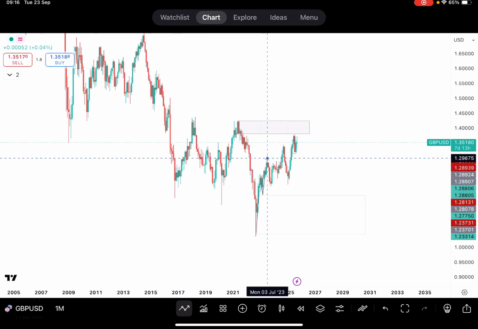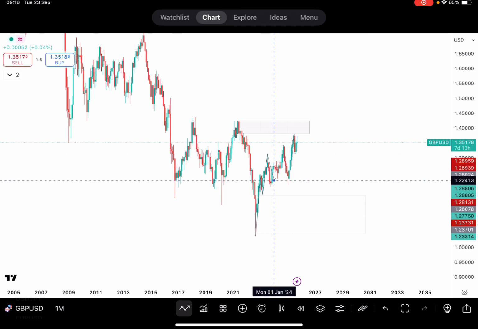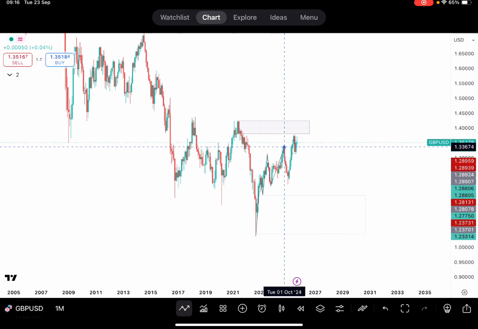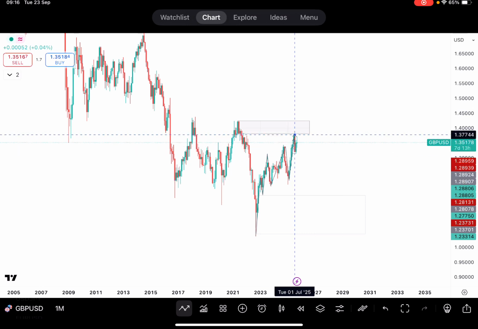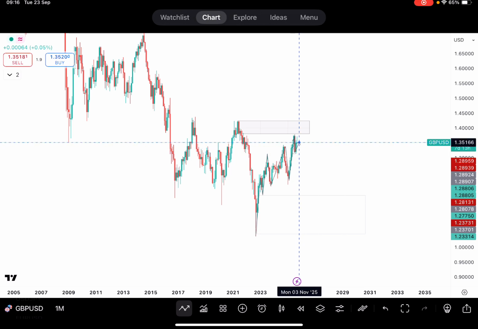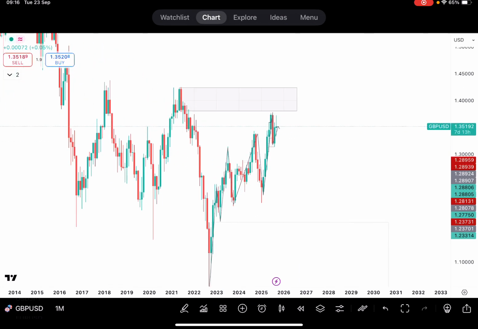Retracement. Push. Retracement. Push. Retracement. Push. Currently retracement, then another push currently. So this signifies a buy.